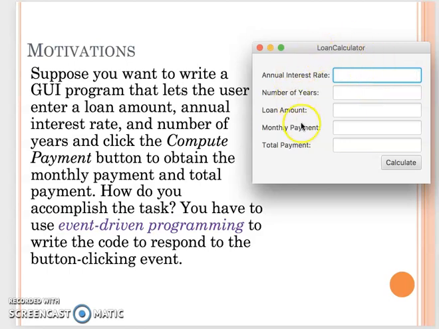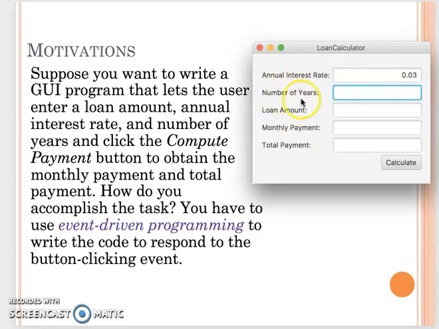So now, for example, here we have a loan calculator GUI. We ask the user, please enter the information. As a user, when you tap into the text field, you are guided by this label, and you know you will enter your interest rate.